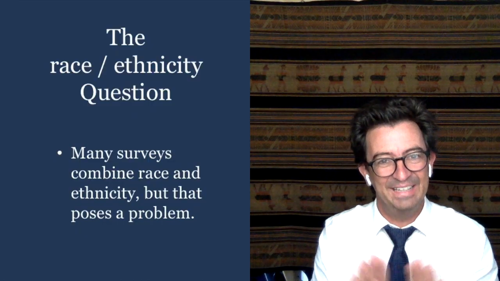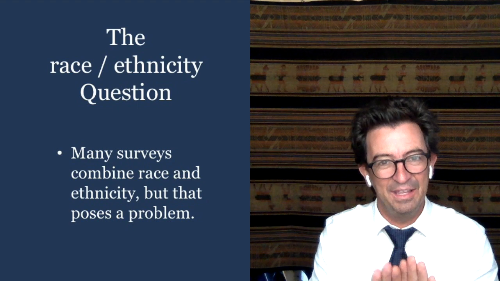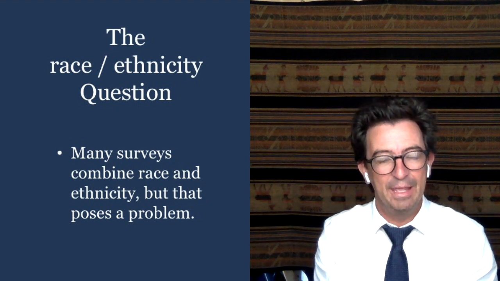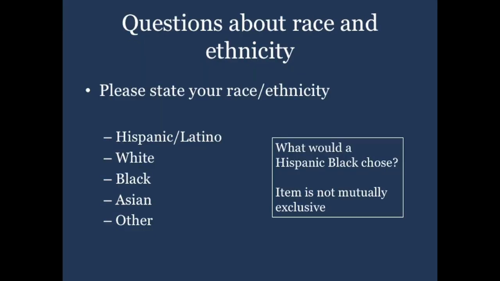However, most surveys combine the two. They combine race and ethnicity, they put a slash between them, but that poses a big problem. Consider this example. Please state your race/ethnicity, and the categories typically include Hispanic or Latino, white, black, Asian, other.